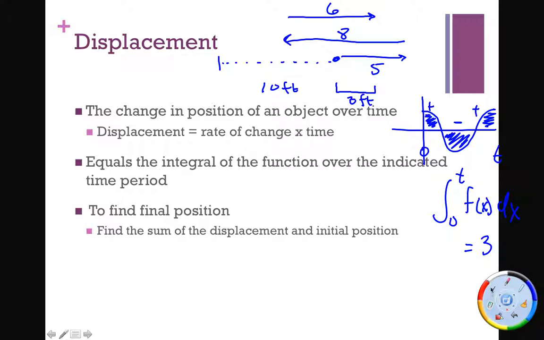Let's say that 6 wasn't there. If we went 5 forward, 8 back, your final position would now be just a simple... come on, give me red. This distance here would have been 10 with a -3, which would have been just 7 feet from the wall. So that would be finding your final position.